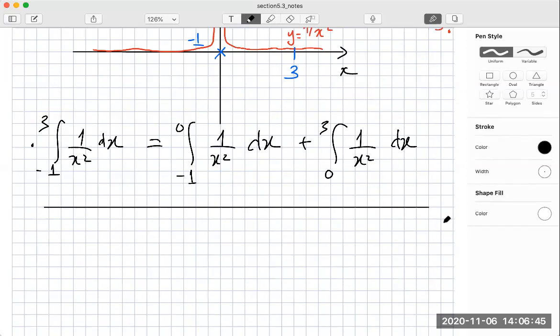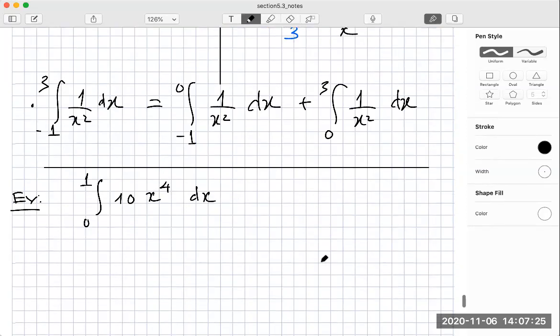Okay, let us practice some more. Integral from 0 to 1 of 10 x to the 4th dx. Let us play with a simple one.